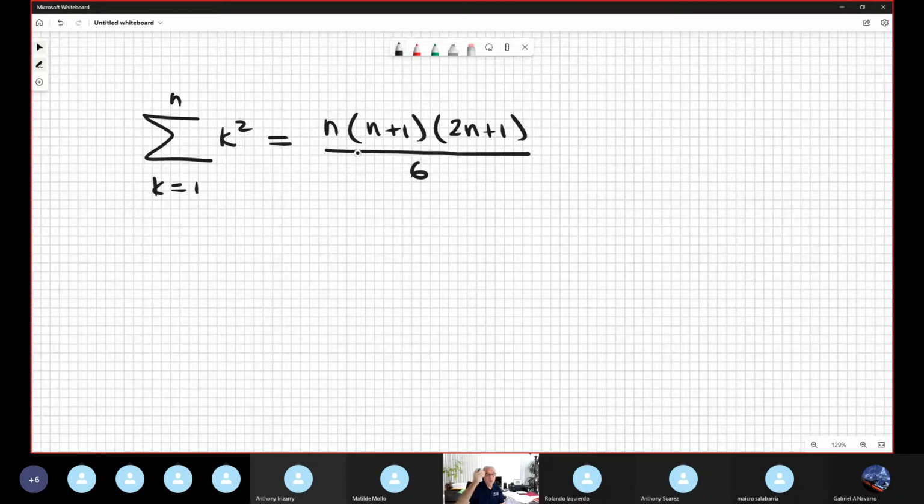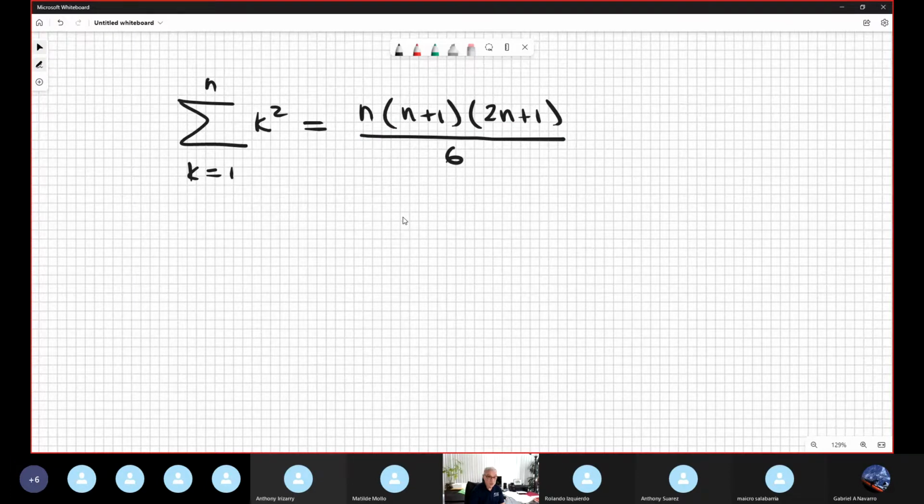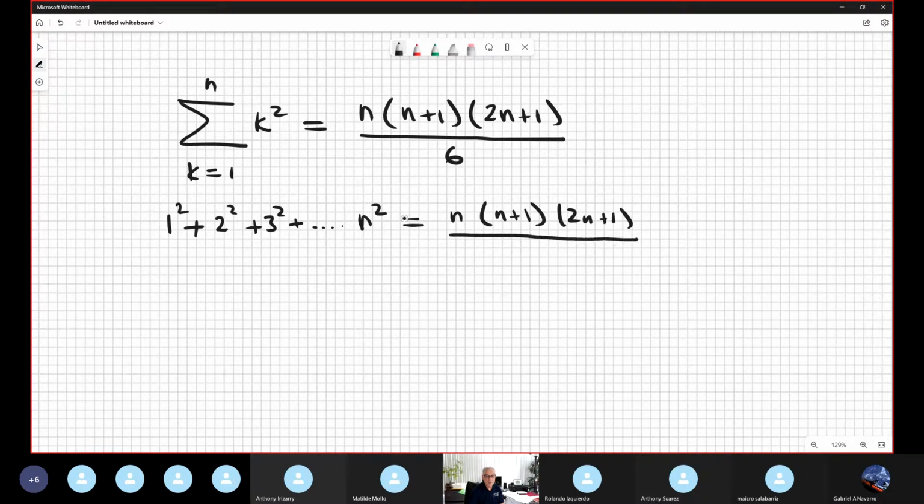This is the formula that we studied in the summation part. But let me translate this to clearer language. This is k equal 1, 1 squared plus 2 squared plus 3 squared plus ... plus m squared is equal to m times m plus 1 times 2m plus 1 divided by 6.